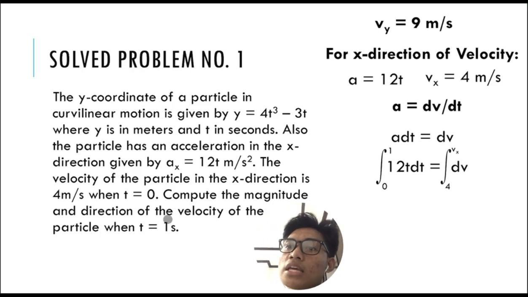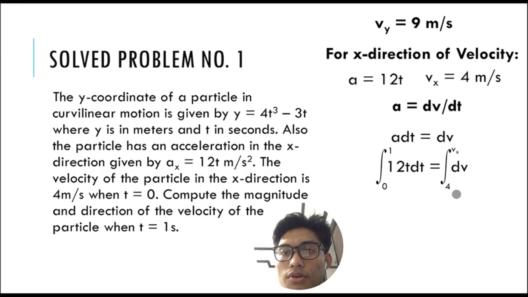Kasi meron naman tayong given time at meron din tayong given na velocity. Ngayon, bakit nandito si 4? Bakit hindi siya nag-final? Kasi sabi dito, the velocity of the particle in the x direction is 4 meter per second when t is equal to 0. So, initial velocity niyo is 4.